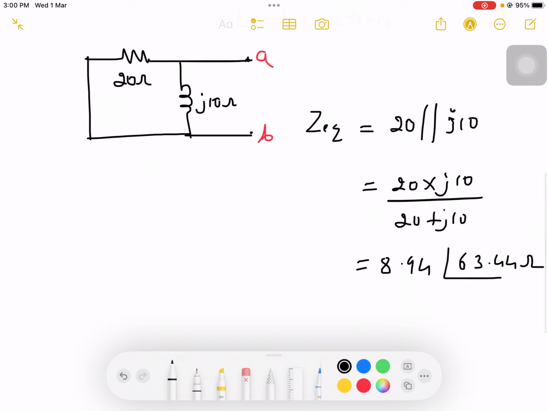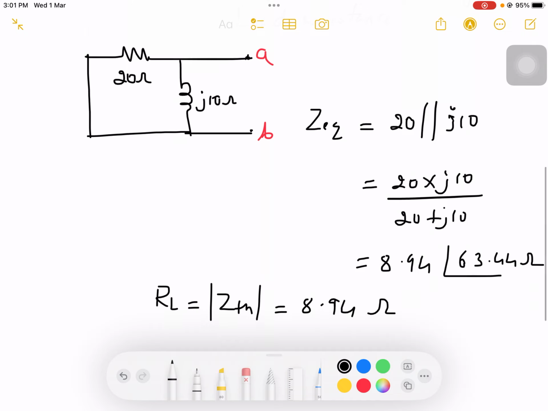From this I can also get the value for RL, because RL will be equal to Rin, as I said. If I take the magnitude of this ZTH or Z equivalent, it gives 8.94. I'm considering only the magnitude, and that will give my RL value.